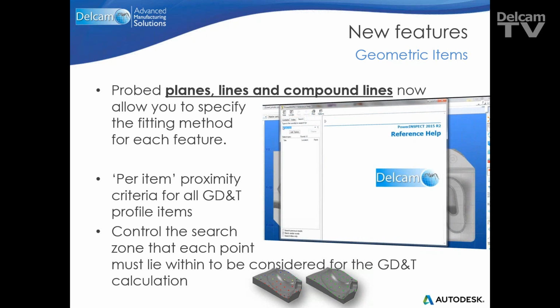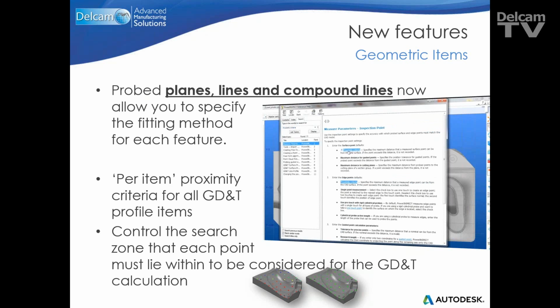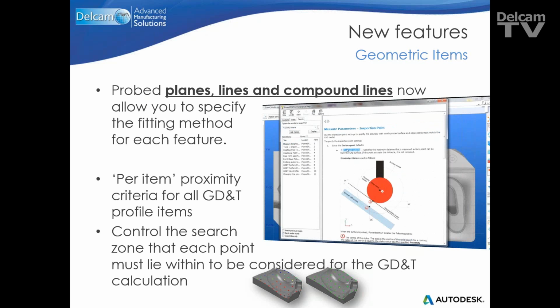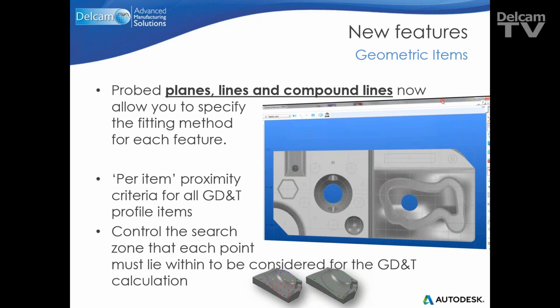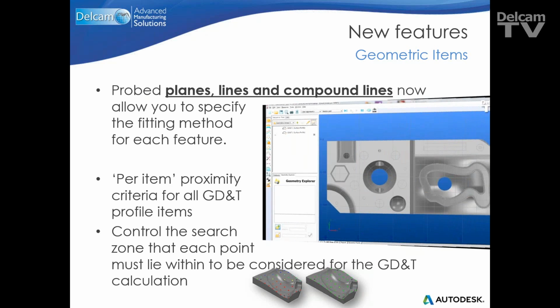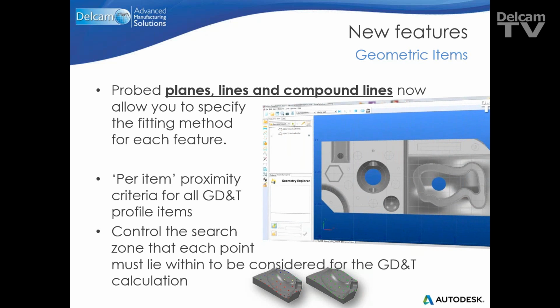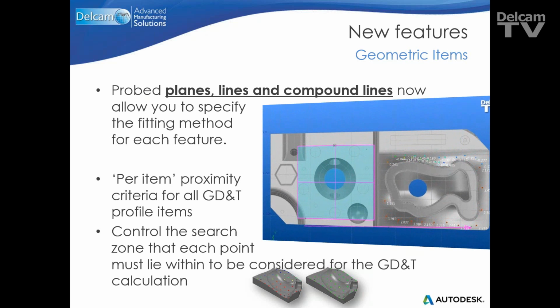If we imagine that we've got to fit a perfect plane and sit it on top of something else, like a tower on top of a table with another part to fit on top of that, and we were to use the least squared method that was previously in PowerINSPECT, then for the tower, the part that we're trying to fit onto, we'd take the average across all the points on the top.